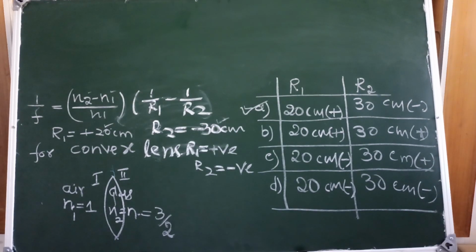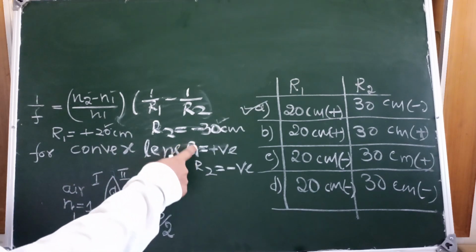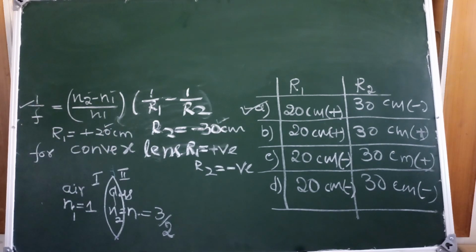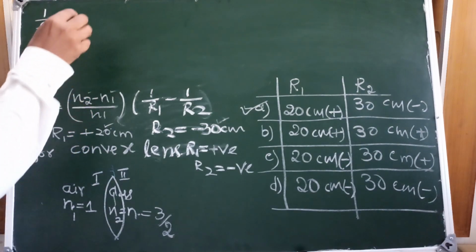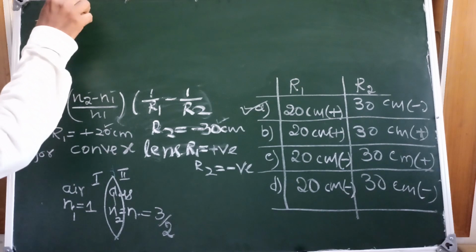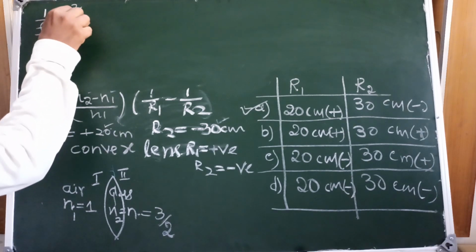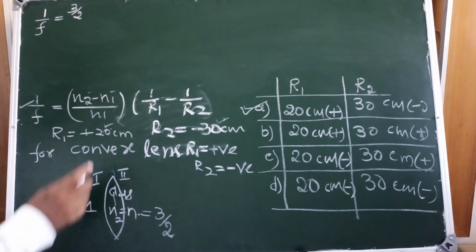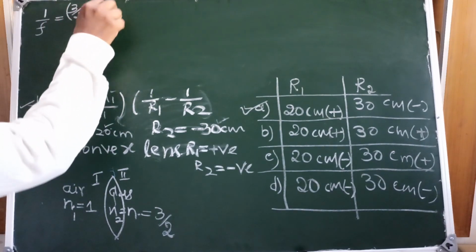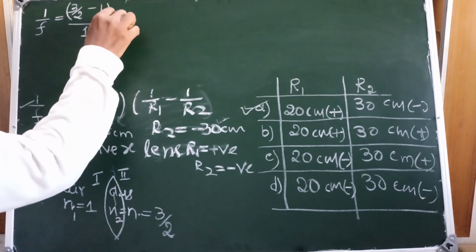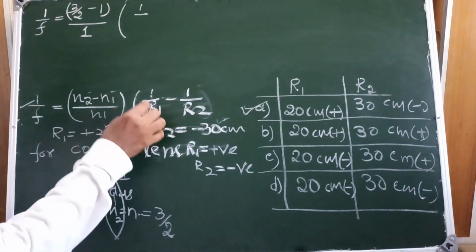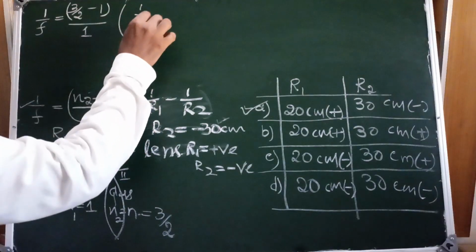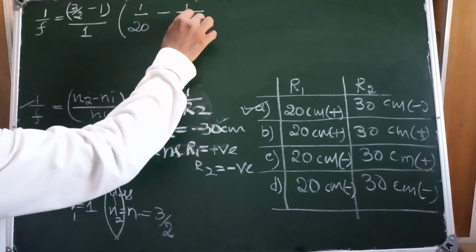Now we will substitute the values of N1, N2, R1, R2 in the lens maker's formula. We will get 1/f is equal to, N2 is glass, so it is 3/2, minus N1, the air, 1, whole divided by N1, multiplied by 1/R1, where R1 is plus 20, minus 1/R2, where R2 is minus 30.